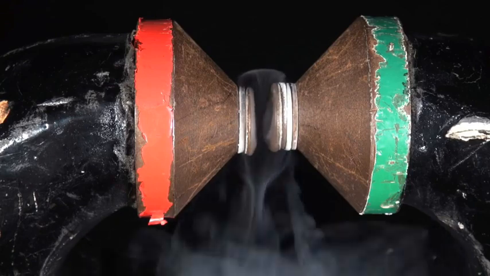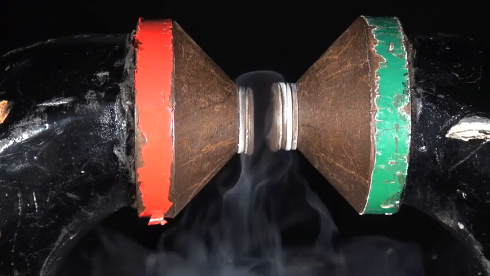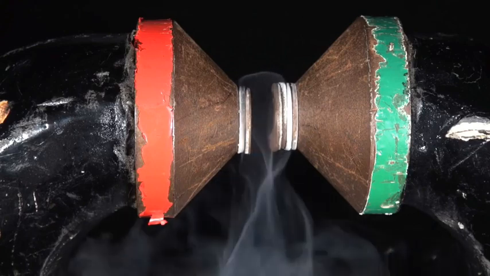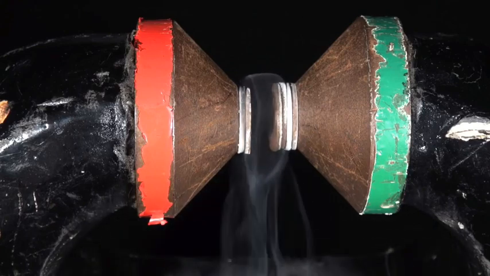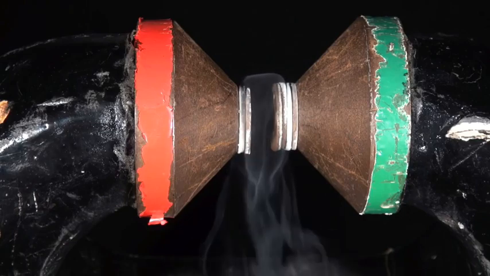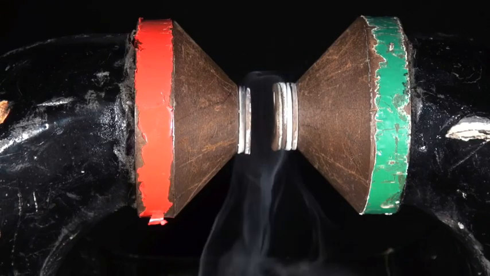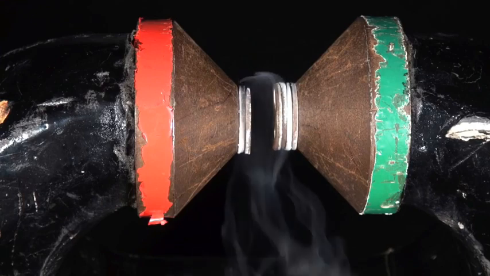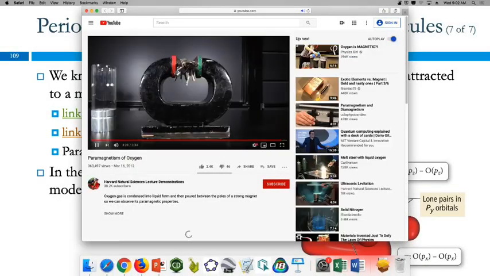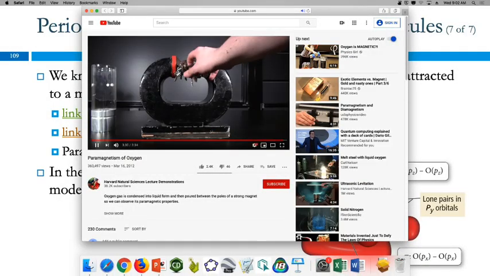So I called that the long version for a reason. This is the long version. That's the magnet.